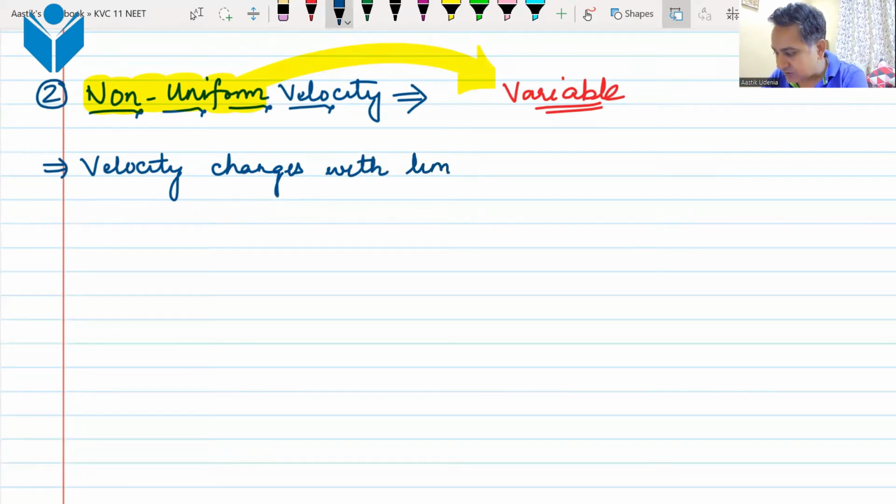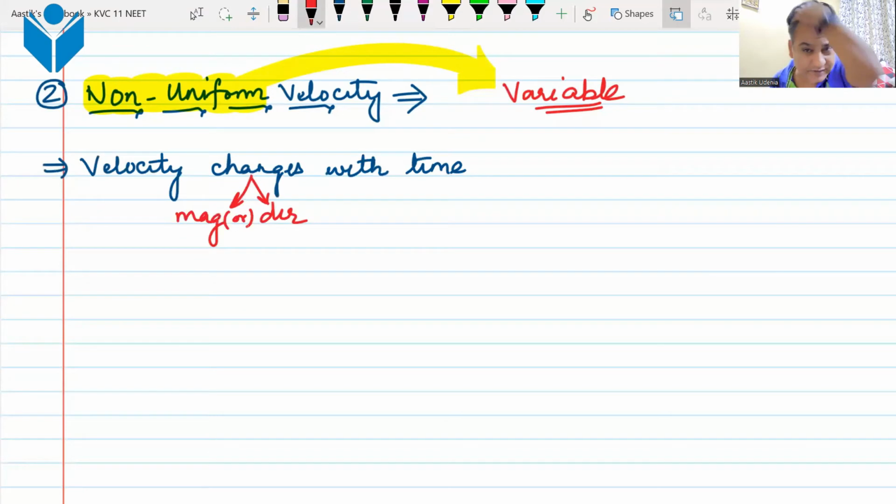It can change in magnitude, it can change in direction, or it can change in both. If it changes in magnitude, it is non-uniform velocity. If it changes in direction, it is non-uniform velocity. If it changes in both, it is also non-uniform velocity.